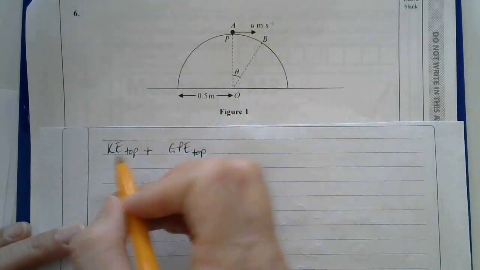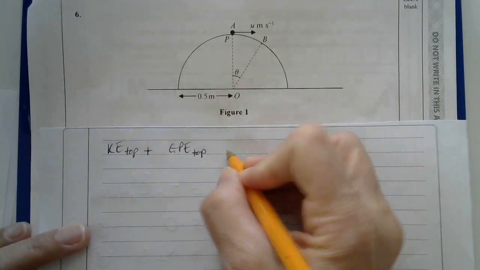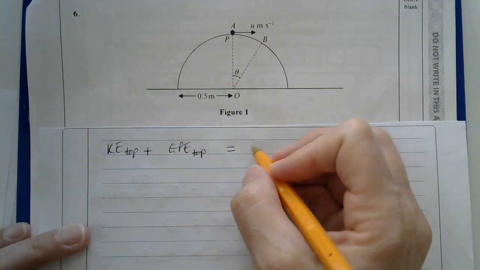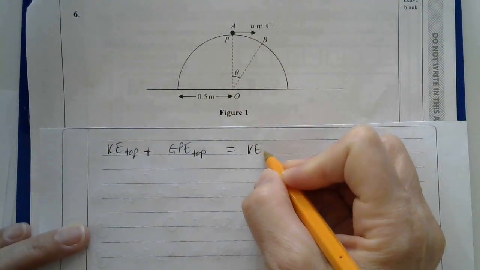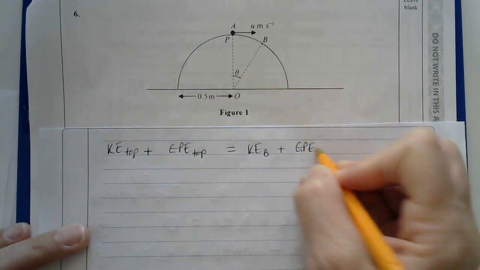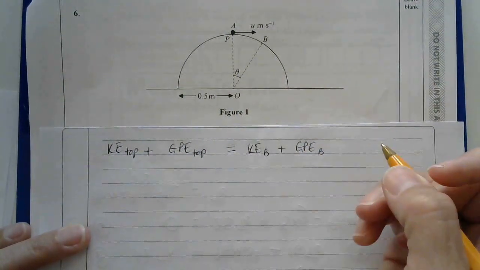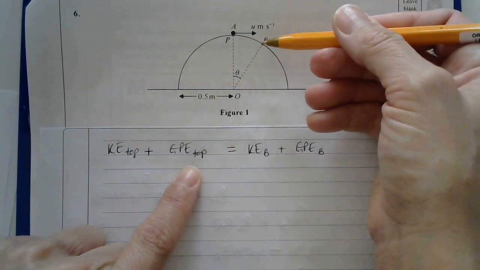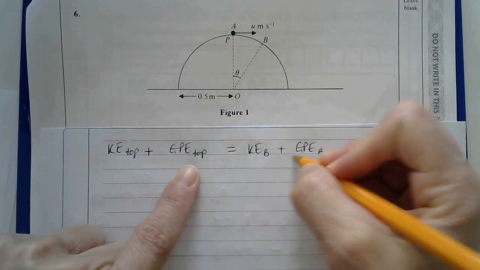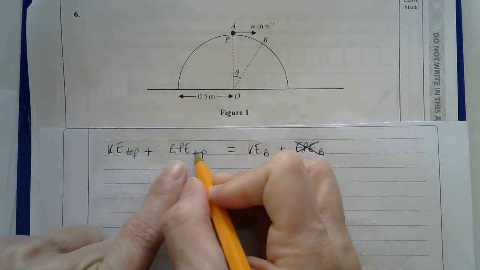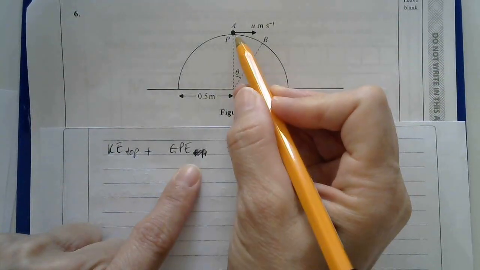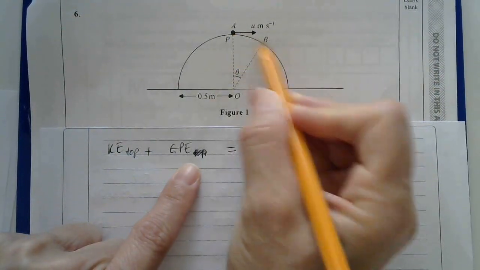So then that energy will be conserved and will give me the energy that it has here. So here it will have kinetic energy at B plus the gravitational potential energy at B. Now, if I take that when it is at B, there is no gravitational potential energy, then this I can just ignore, and here the gravitational potential energy is the difference that I'd get from A to B.